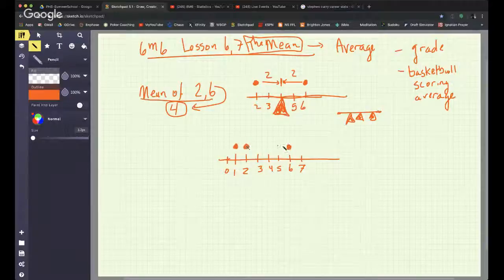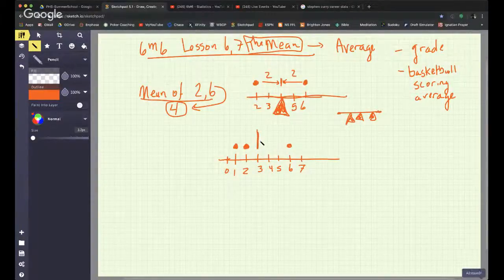You don't go halfway between these two numbers, because if we put a balance there, this side would weigh too much. We're looking for this balanced spot, and it's going to be right here on the 3. I'll show you why.